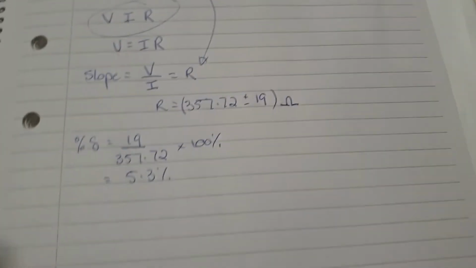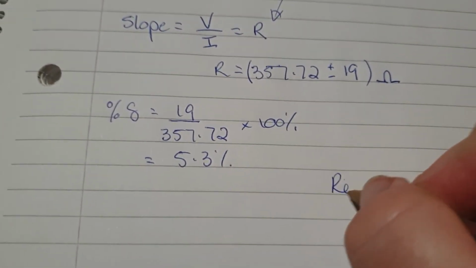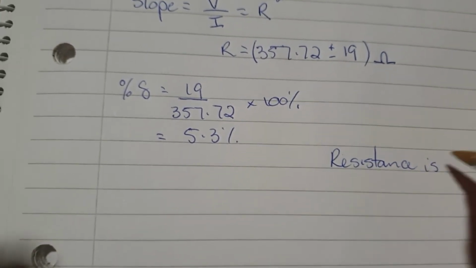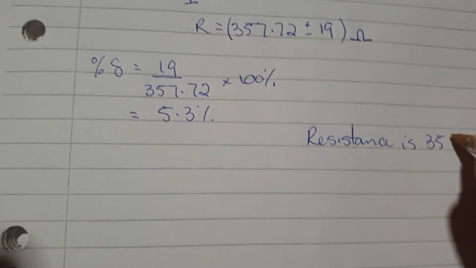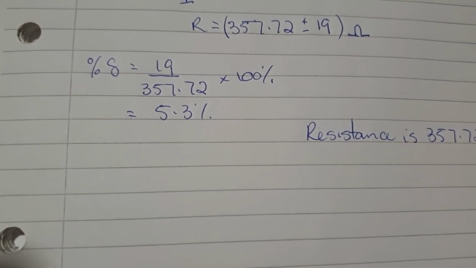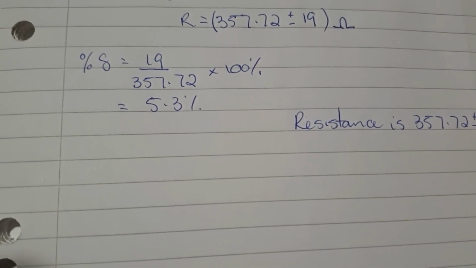That's not bad in an experiment. So the resistance is 357.72 plus or minus 5.3% ohms.